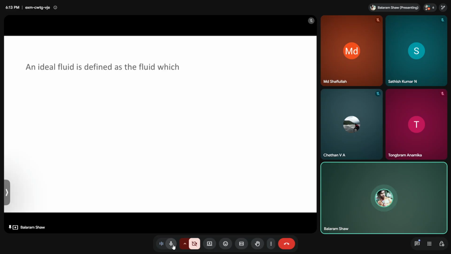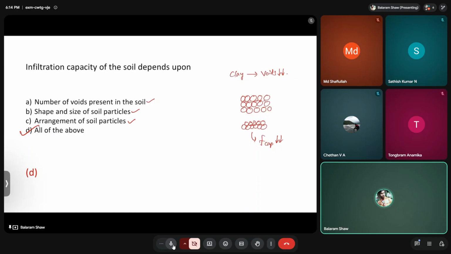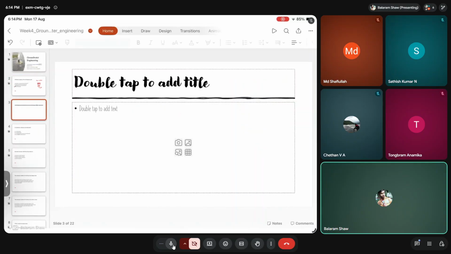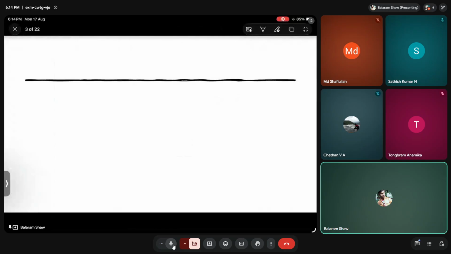The next question is about an ideal fluid. But before that, I'll explain a little and then we'll move on. Maybe we'll start with fluid. It's a simple term, but still an important one. Can you tell me what is fluid?